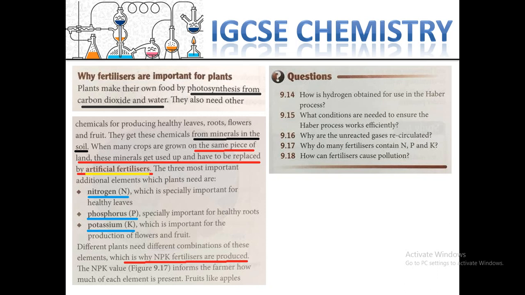These three elements are very important. That's why many fertilizers contain all three together, which are called NPK fertilizers.